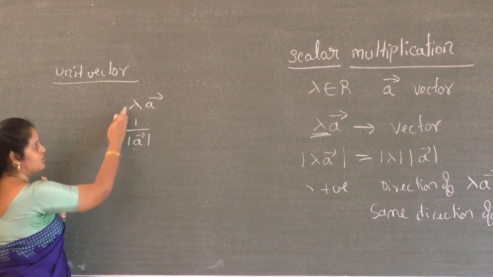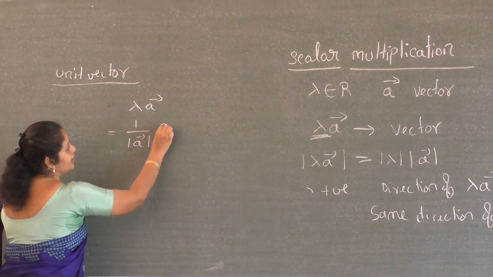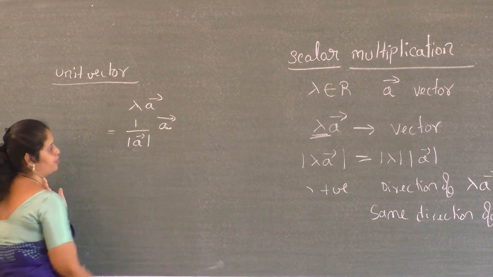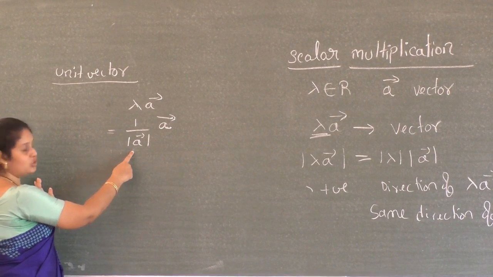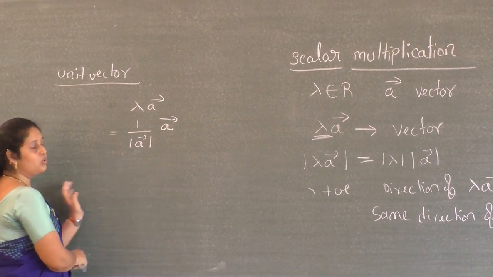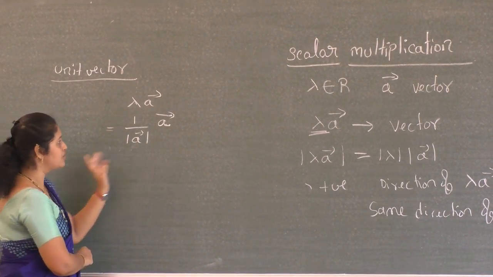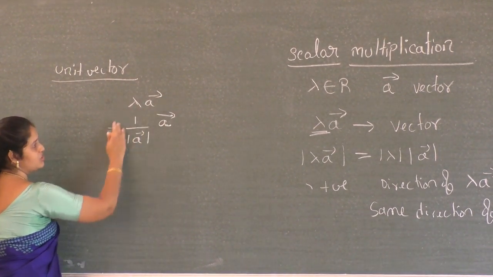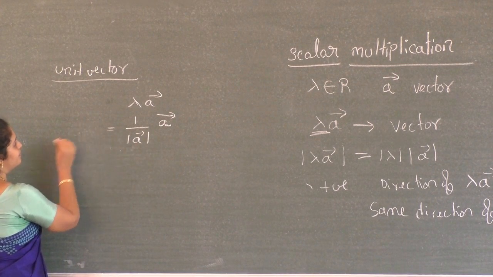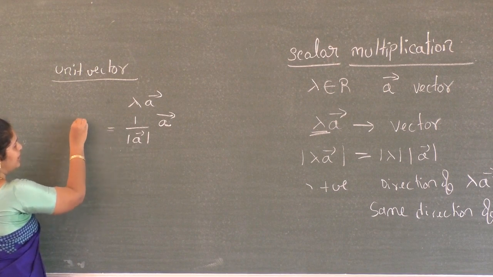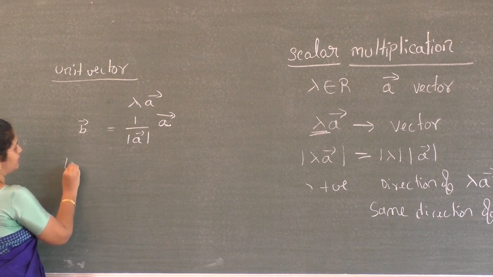In such a way, I choose lambda as 1 by magnitude of vector A, so lambda into vector A is vector A into 1 by magnitude of vector A. Now I will call this a unit vector, because the magnitude of this vector is equal to 1. Let me take this vector as some vector B. What is the magnitude of vector B?